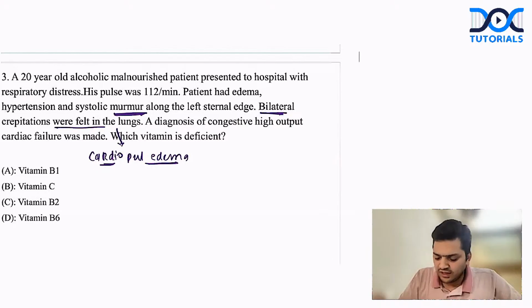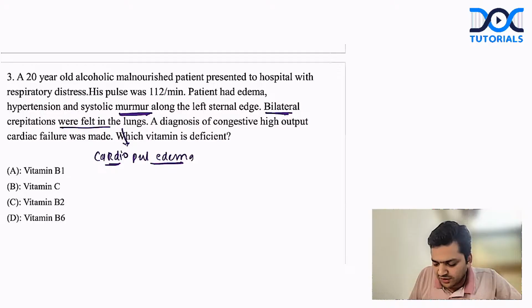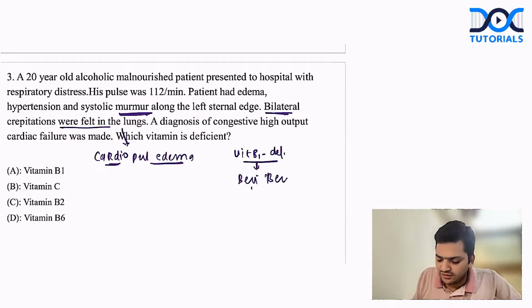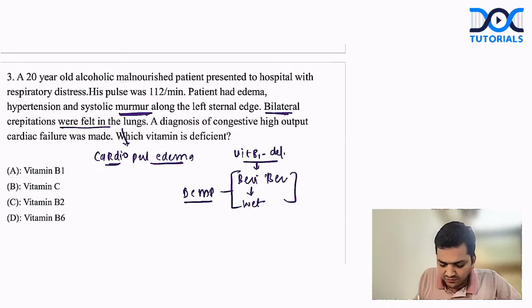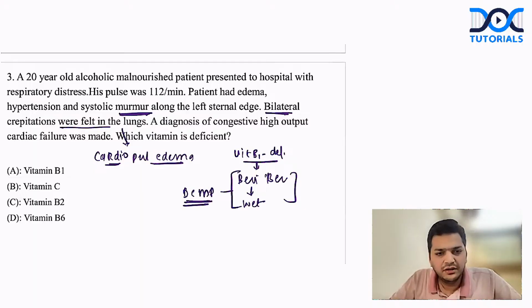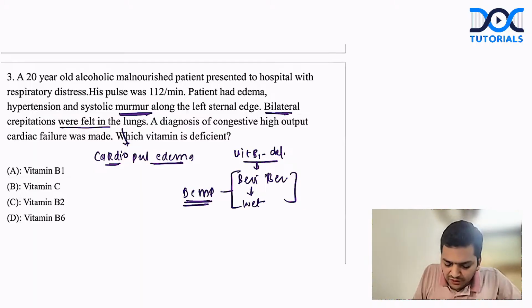High output cardiac failure can be seen with vitamin B1 deficiency, because vitamin B1 deficiency can lead to beriberi. Beriberi is of two types, wet beriberi and dry beriberi. Here they are talking about wet beriberi, which involves the cardiac system, leading to dilated cardiomyopathy, where we will have high output cardiac failure.